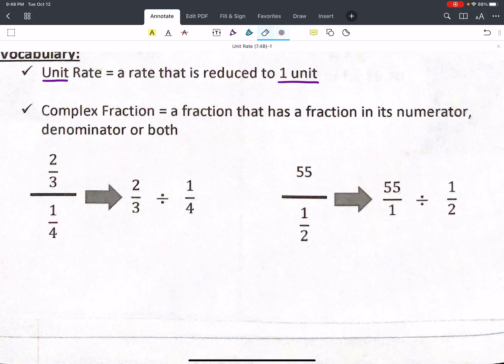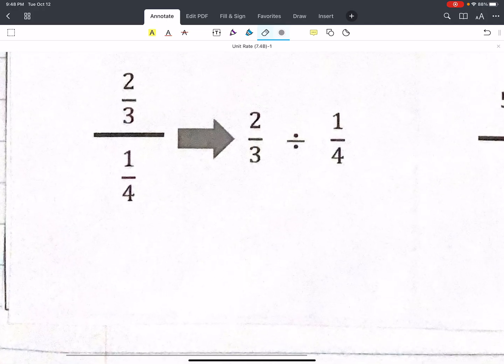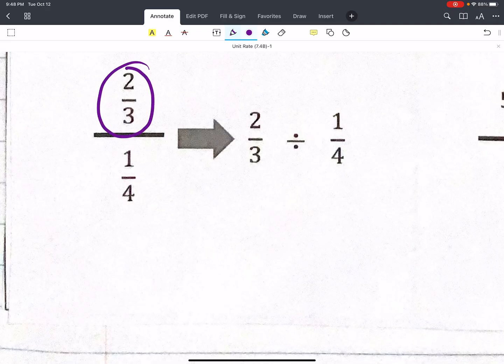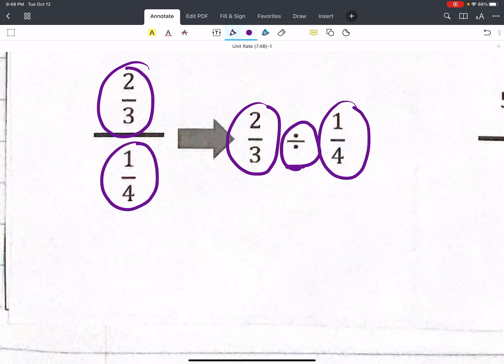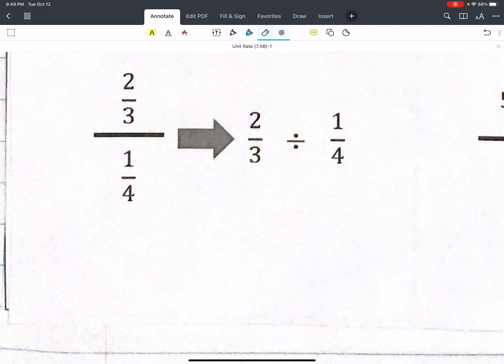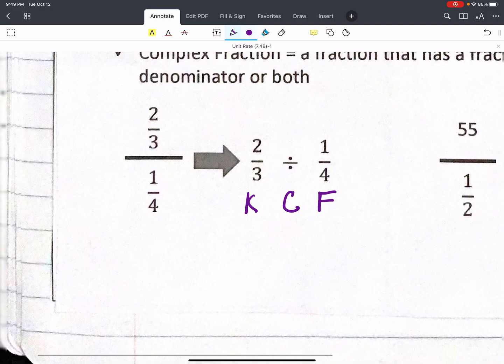So when you're given this type of problem, notice how all they're telling you to do is take the 2/3 and then divide it by the 1/4. All they did here is put them one on top of the other instead of side by side. And remember, to divide fractions, you have to do your keep, change, and flip.